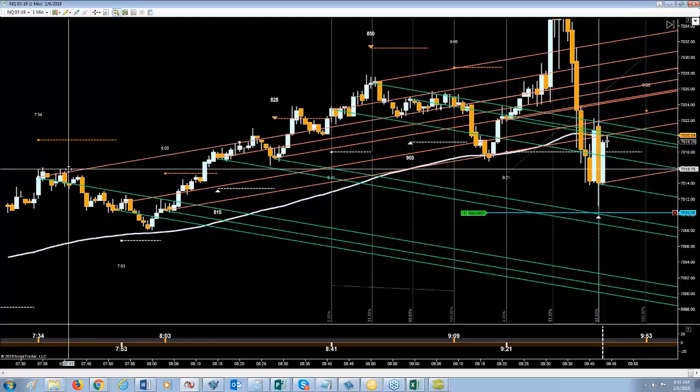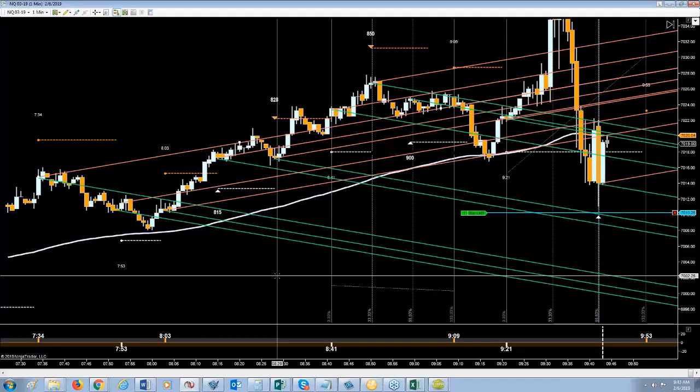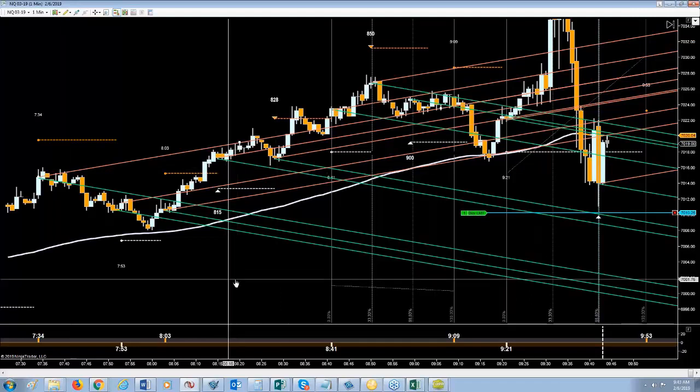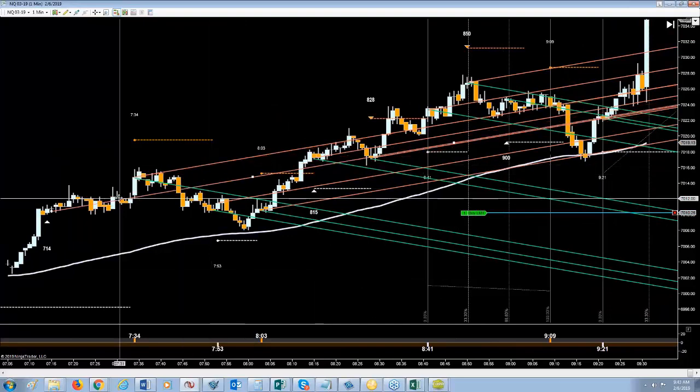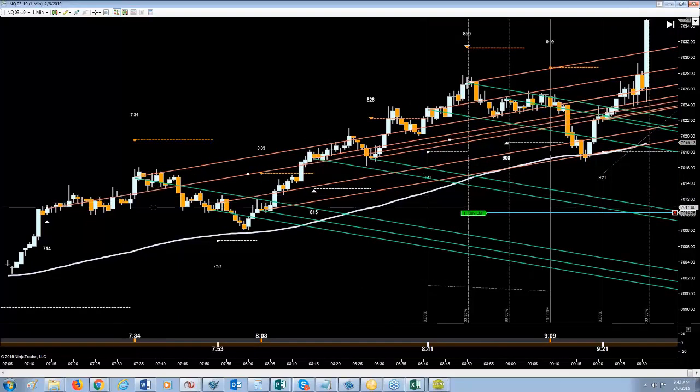And I have forced customers that just play the bounces off these lines when they use their force signals, which are outstanding.